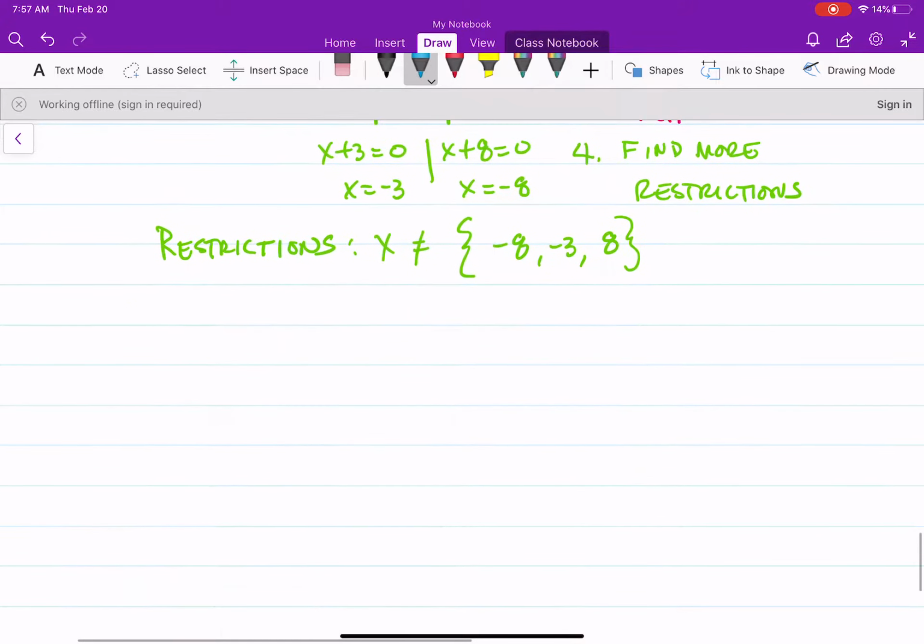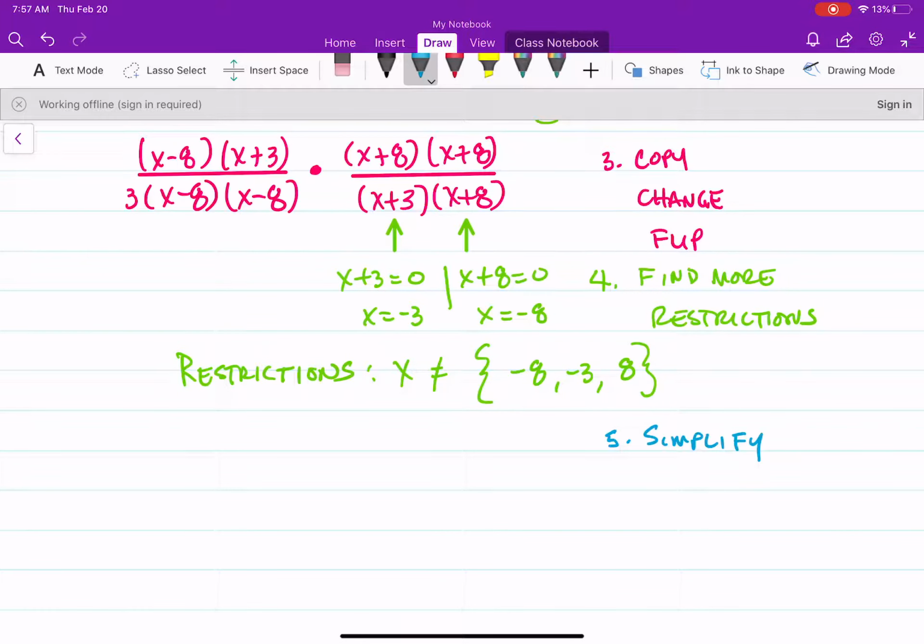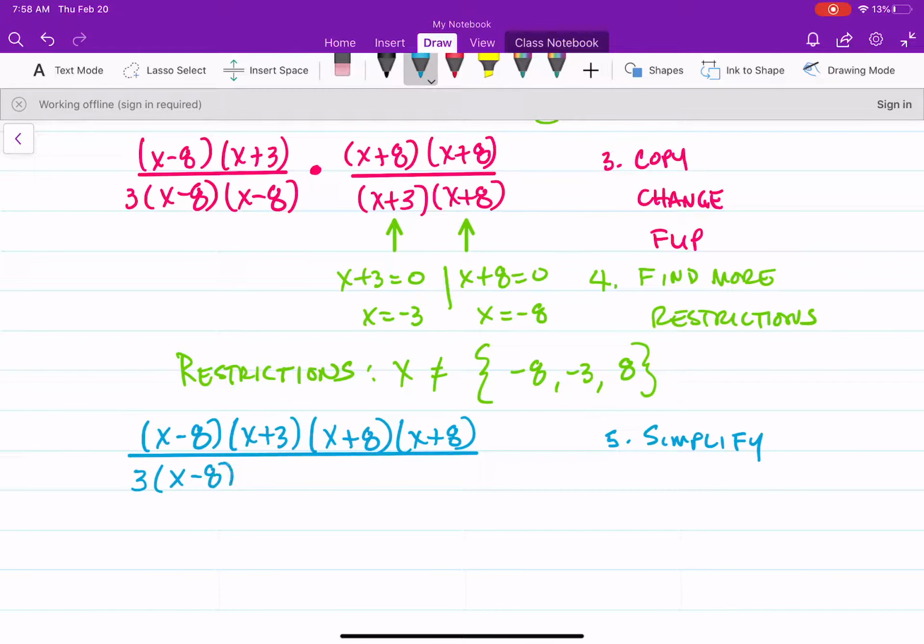All right. So now step 5, we can simplify. So if that's the case, let's multiply the tops. x minus 8, x plus 3, x plus 8, x plus 8, and then the bottom is 3, x minus 8, x minus 8, x plus 3, x plus 8.